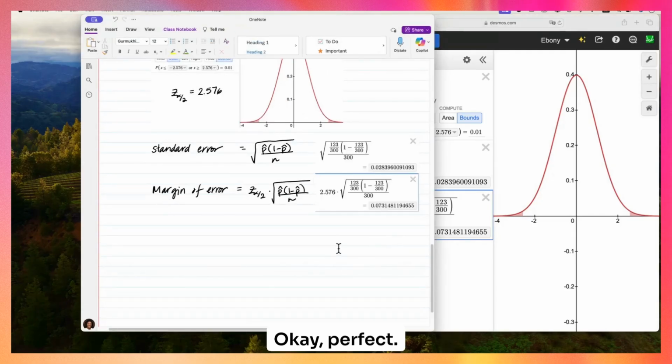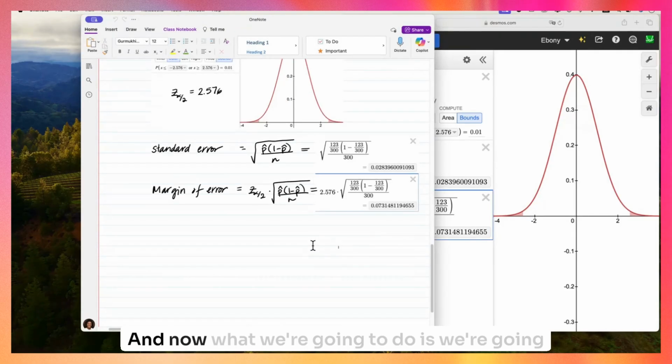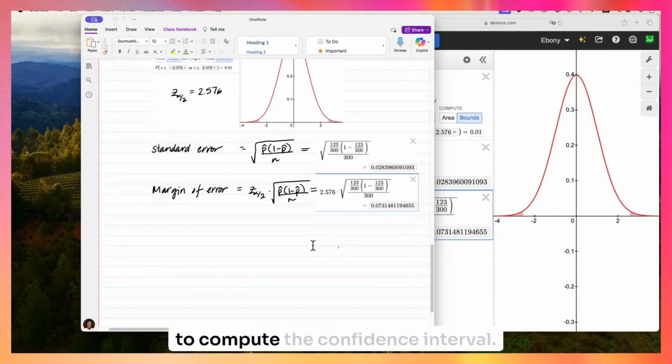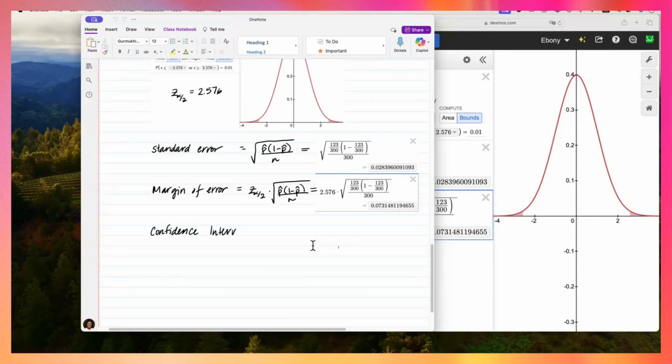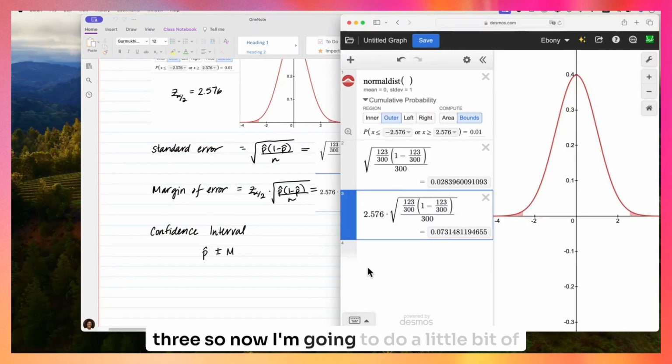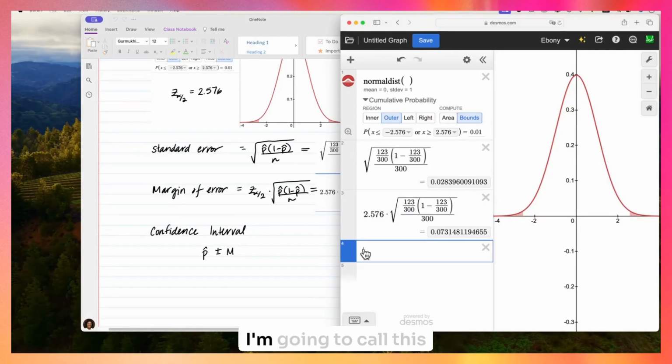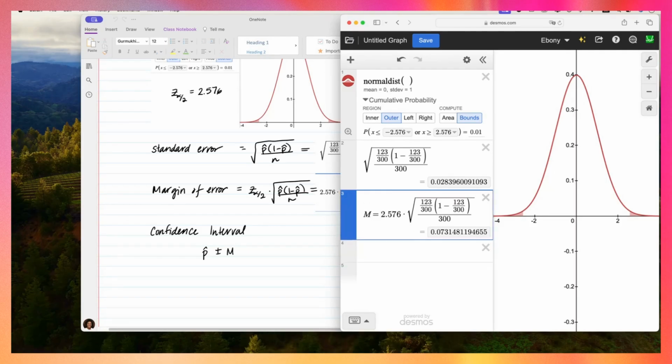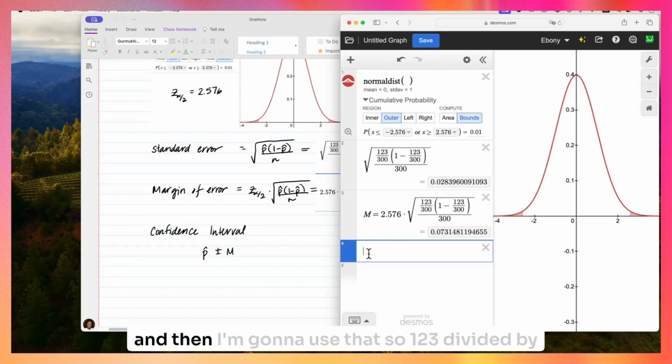Okay, perfect. And now we're going to compute the confidence interval. So the confidence interval is p hat plus or minus the margin of error. And remember, we're going to round to 3. So now I'm going to do a little bit of rounding. I'm going to call this m, and then I'm going to use that.